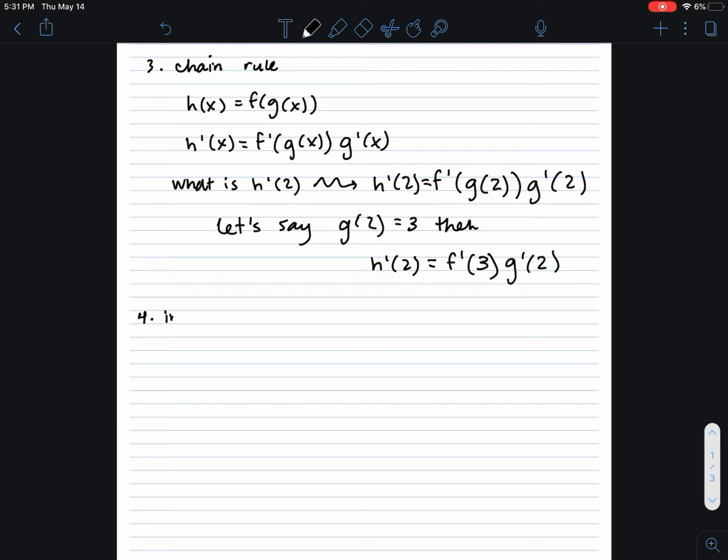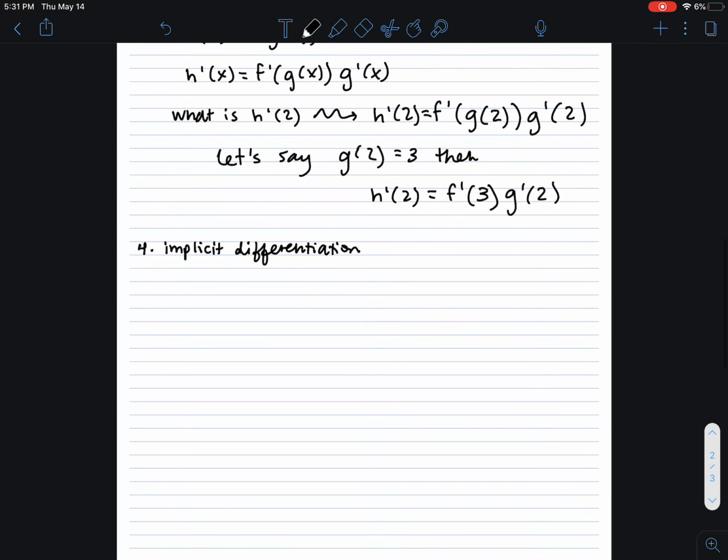I want you guys to remember implicit differentiation. So that was where we were asked to find the derivative, say dy dx, for some function that isn't solved for y already. And so we would do implicit differentiation so we didn't have to solve for y.